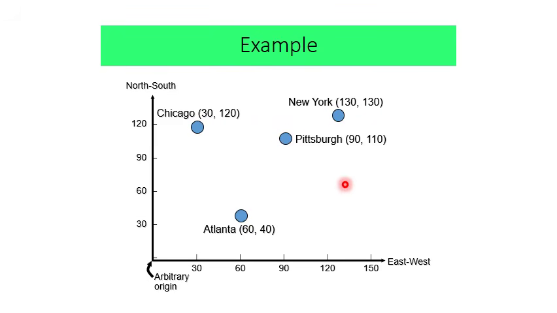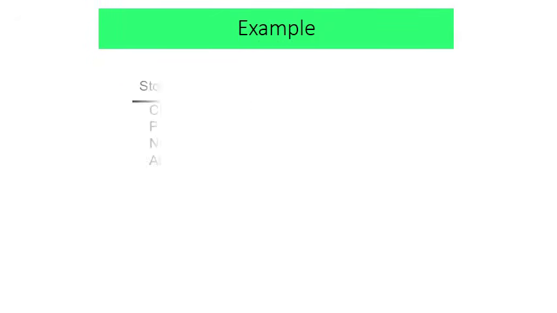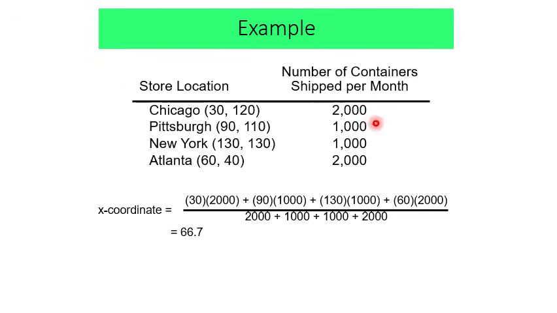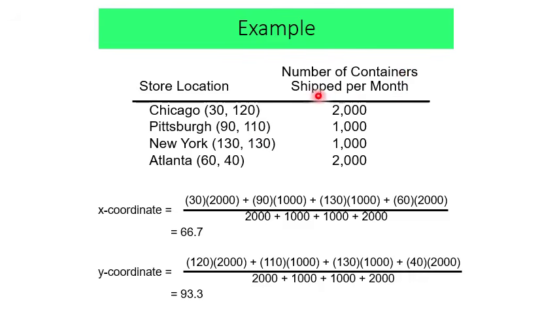Then the next step is to find the center of gravity. Here the frequency of shipment should also be provided. Here is the number of containers, or the frequency shipped per month. These are the frequency of coming and going for the ships. And these are the coordinates.